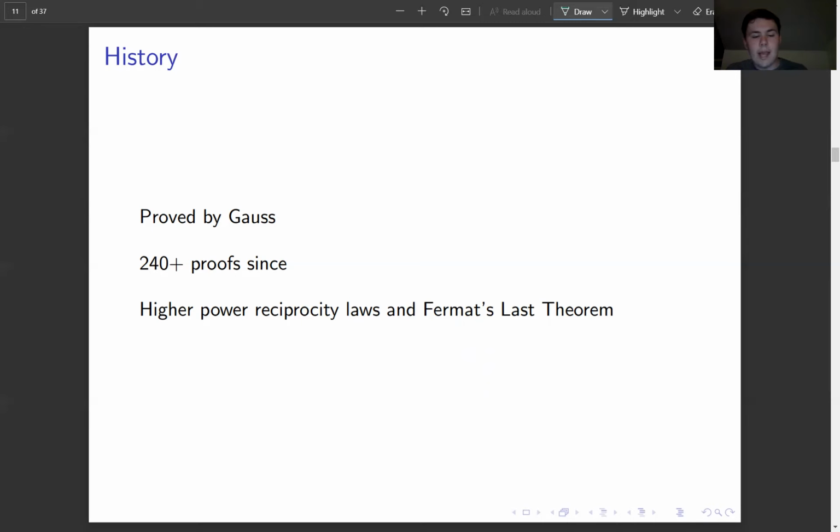You might also be wondering about higher power reciprocity laws, whether there's a cubic reciprocity law or a quartic reciprocity law. And it turns out that there are, and the search for and study of higher power reciprocity laws allowed some folks in the 19th century to prove some results that had to do with Fermat's last theorem, in the sense that in 1847, a man named Lamé thought he had come up with a proof, but Kummer, who had been studying higher power reciprocity laws, had found some results that contradicted Lamé's proof and made Lamé's proof sort of sink.